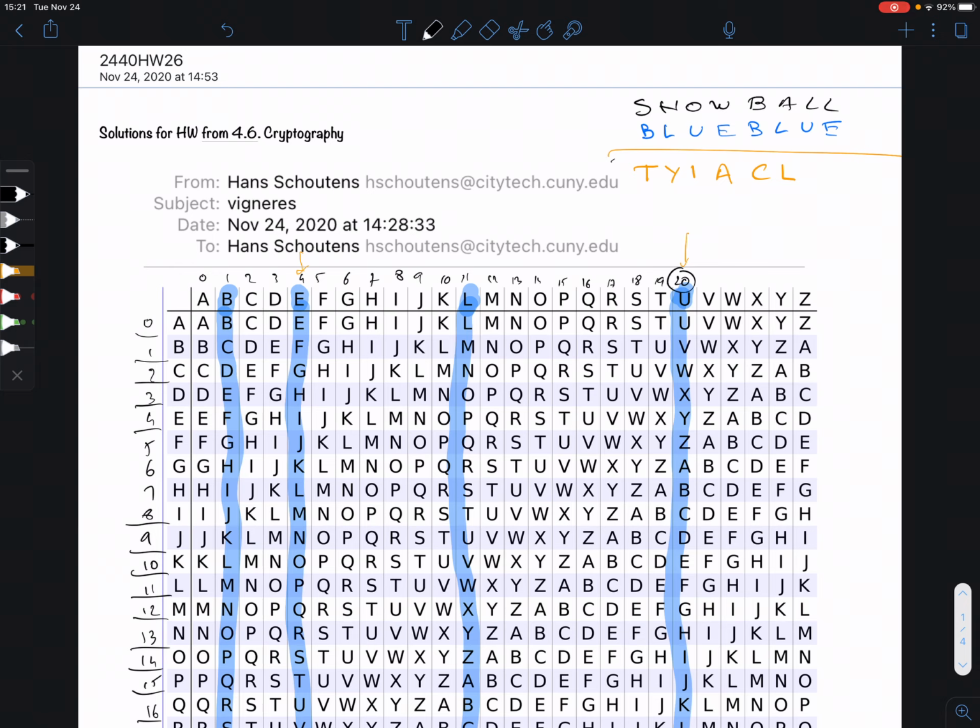So 20 is the shift, the cipher, the shift that we use, and we do that to the value of L, because this is what we want to do. L has code 11, so this should be 31, but modulo 26, that is 5. Which should be an F.